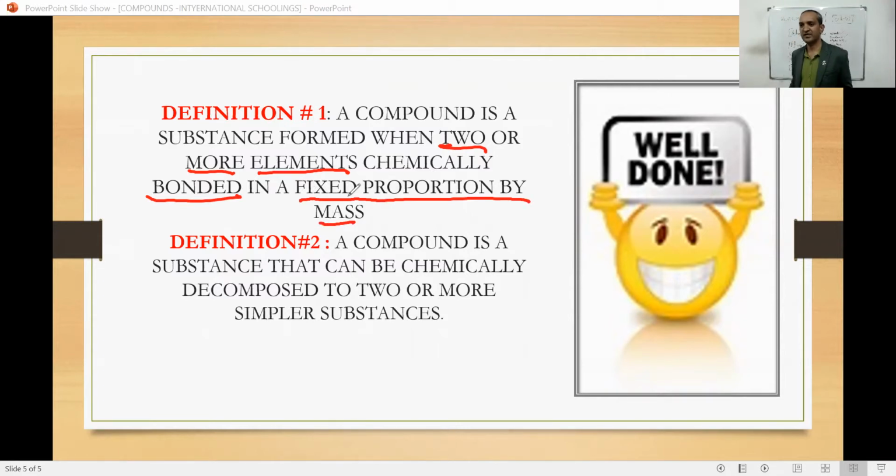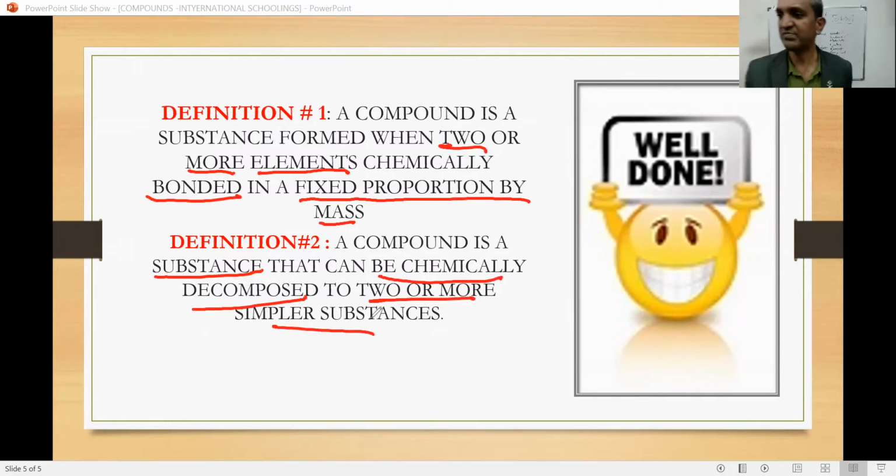This is defined by John Dalton. On the other hand, there is another definition: a compound is a substance that can be chemically decomposed into 2 or more new or simpler substances.